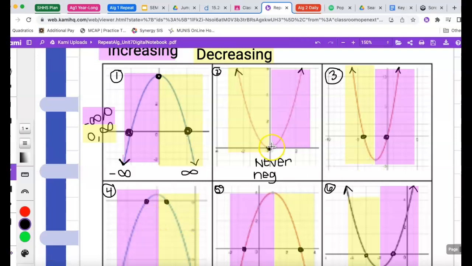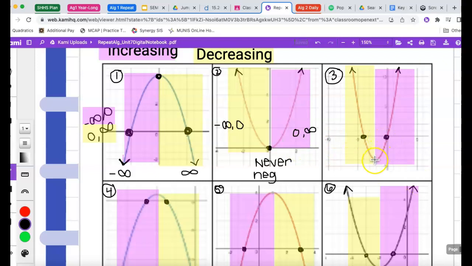So it's increasing from 0 to positive infinity and decreasing from the left arrow, negative infinity, back to 0. So notice that the numbers don't change. The numbers do not change for our increasing and decreasing because it starts and stops in the same place.